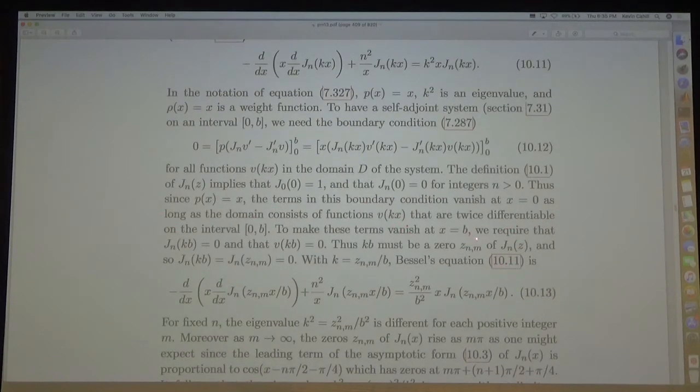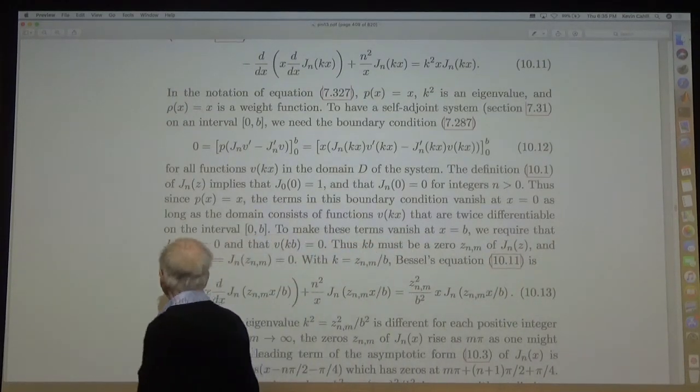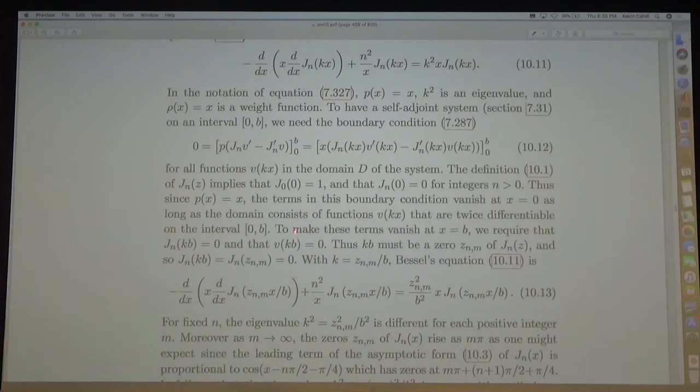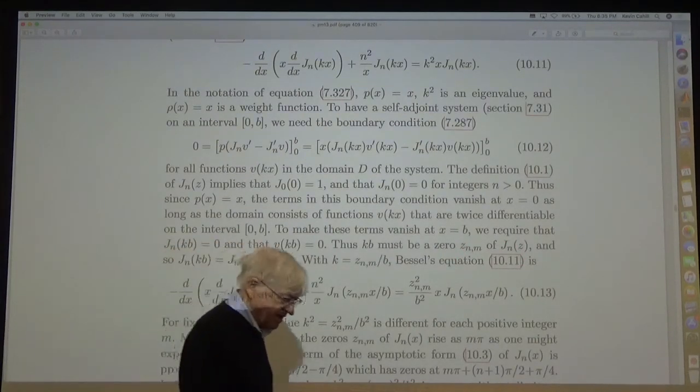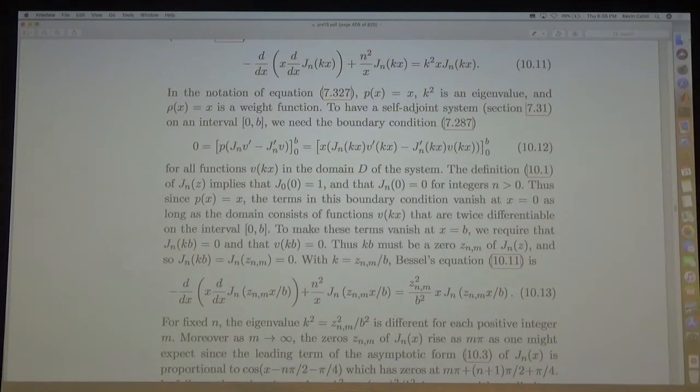To make them vanish at b, we require that Jn of kb should vanish and v of kb should vanish. So kb has to be a zero of the nth Bessel function. Remember, those are the numbers that the British government classified as state secrets in the 1940s. So Z_nm is the mth zero of Jn of z.